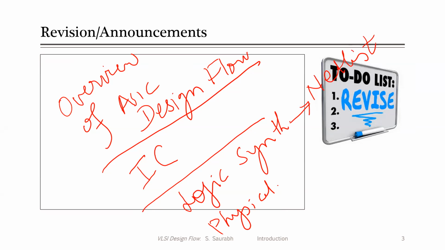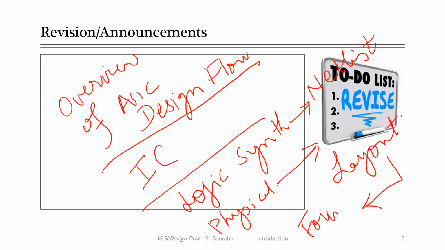Physical design takes the netlist and creates the layout. This layout finally goes to the foundry and is fabricated in mass, at a large scale. So this is the top-level view.